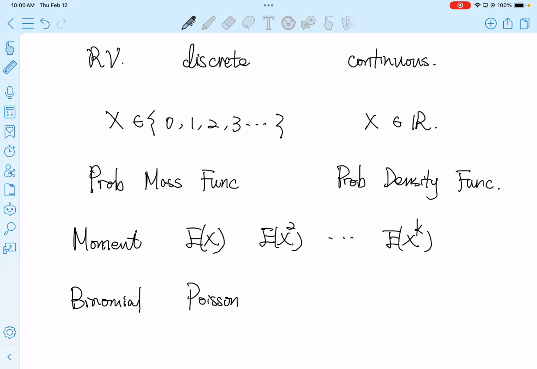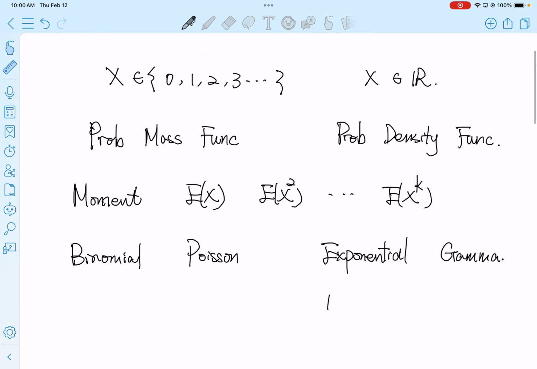And then for the continuous case, we talk about the exponential distribution, the gamma distribution, and also the normal distribution. Okay. So we use these distributions as examples to talk about the moments that you can derive from the probability mass function or the probability density functions.